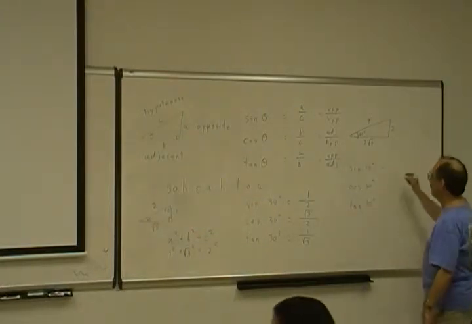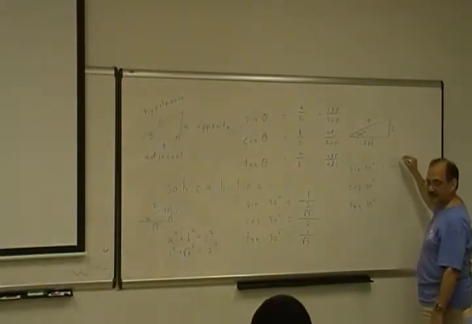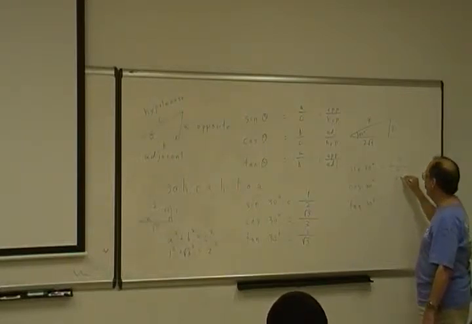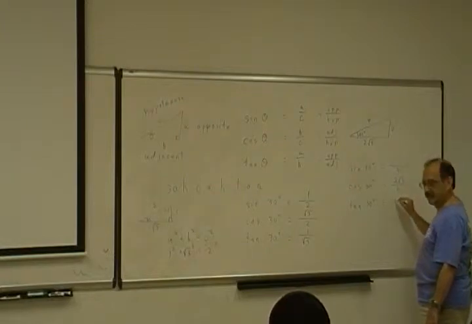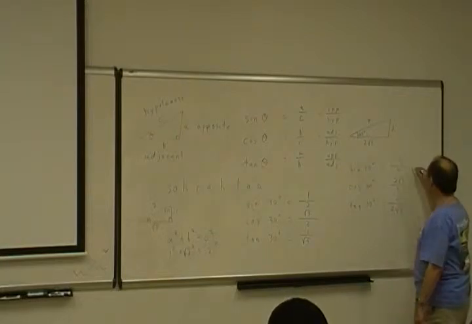Rachel, tell them to me. Opposite over hypotenuse: 1 over 4, and cosine is 2 times the square root of 3 over 4. And then opposite over adjacent: 2 over 2 times the square root of 3. And now these simplify.